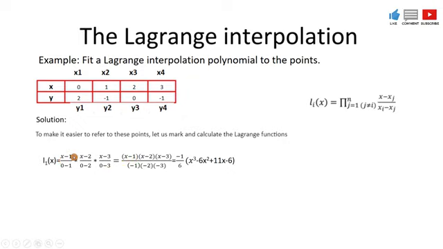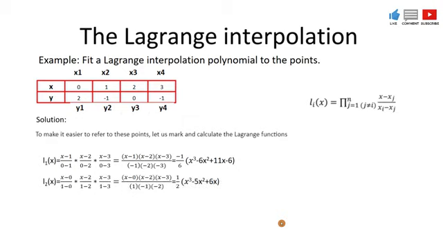It equals the multiplication of the numerator, which is x minus 1 multiplied by x minus 2 multiplied by x minus 3, over the denominator, which equals minus 1 multiplied by minus 2 multiplied by minus 3. With more simplification, the result of the denominator will be minus 1 over 6, and the multiplication of the numerator equals x cubed minus 6x squared plus 11x minus 6. That is the first Lagrange function.